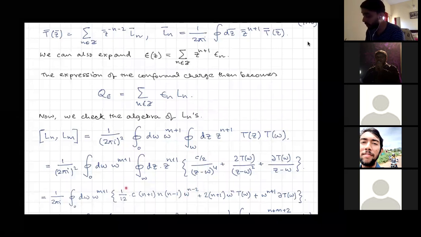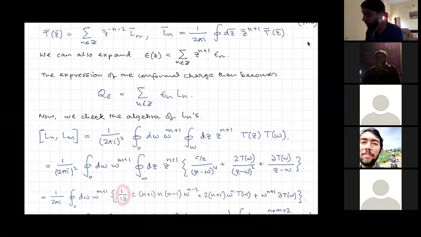Notice that there is a 1 over 12 term that comes from a 1 over factorial 3 into this half piece. So that's the 1 over 12 piece.